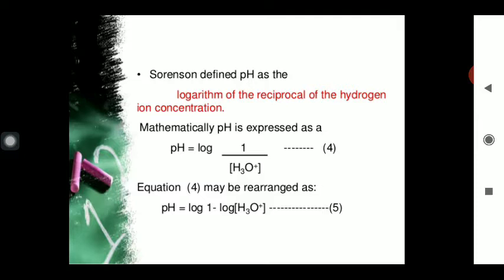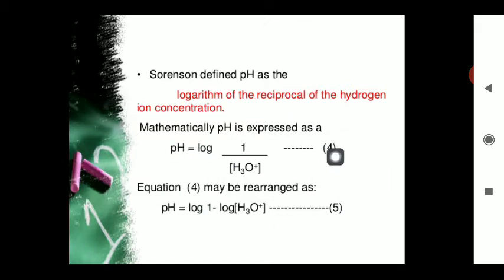In this way, you can detect the formation of the H3O positive ion in a solution of the acid in water. So according to Sorensen, pH is equal to log 1 upon H3O positive ion concentration.